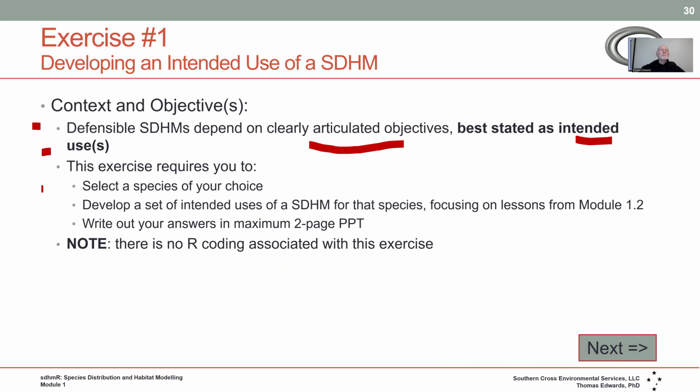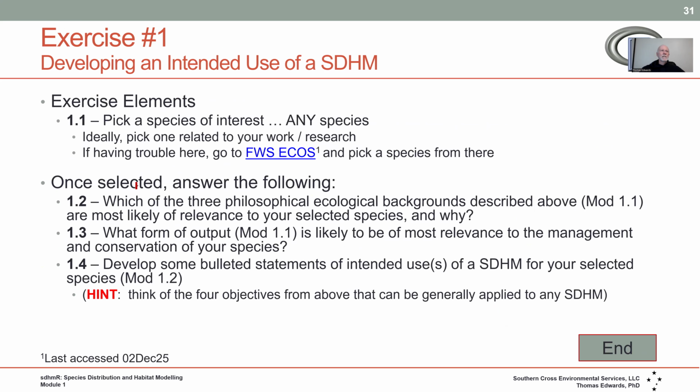So what I'm asking you to do is select a species of your choice. I don't care what it is. I'm sure you have one or more or you wouldn't be taking this course. I'd like you to develop a set of intended uses of a distribution model for that species, focusing on the lessons you just saw in Module 1.2. I'd like you to write this out in a maximum 2-page PowerPoint. Nope, no R coding associated with that.